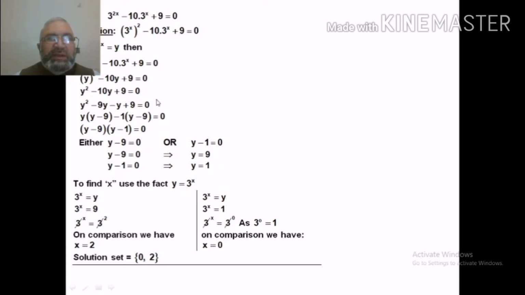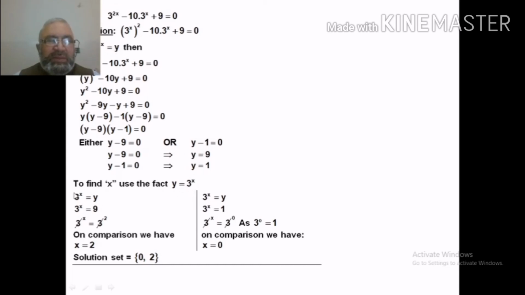Again, by factorizing, we get two factors, and by solving these two factors, we get two values of y: y is equal to 9 and y is equal to 1. To get the value of the original variable x, by back substitution, we use the fact y is equal to 3 power x, which was our previous substitution.